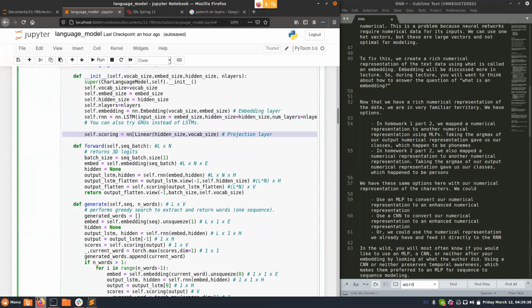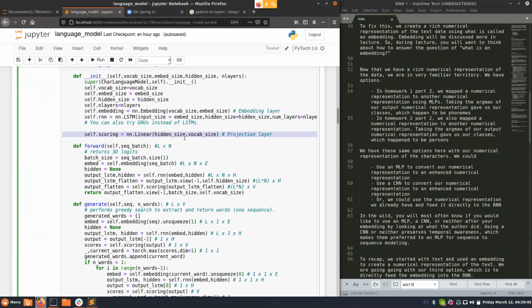Just so I don't forget to mention, in the wild, the decision of whether to use an MLP or CNN or neither at any stage of the modeling process, you'll want to see what the author did. Or if you're creative, you can experiment with different things, maybe do an ablation study.